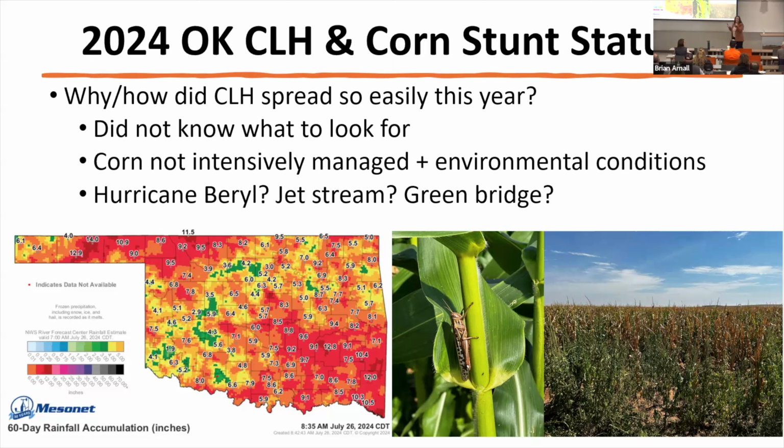I'm more interested in, was this possibly a green bridge? So what I've learned from being here is that it was a really mild February. We did have some producers that were planting corn towards the end of February. Even in some cases, I think someone told me they planted middle of February, which I thought was kind of crazy, but the soil temp was right, so they did it. And then we also had issues in Texas.